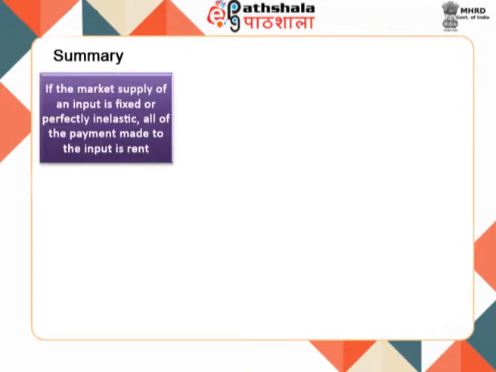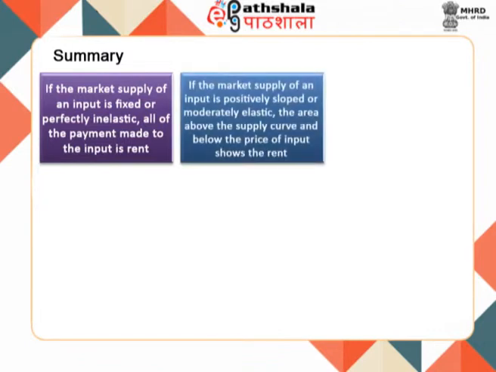If the market supply of an input is fixed or perfectly inelastic, all of the payment made to the input is rent. If the market supply of an input is positively sloped or moderately elastic, the area above the supply curve and below the price of input shows the rent.